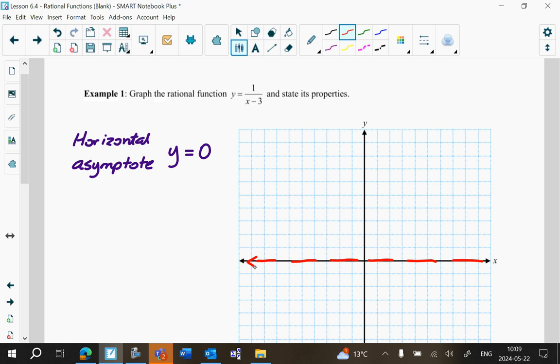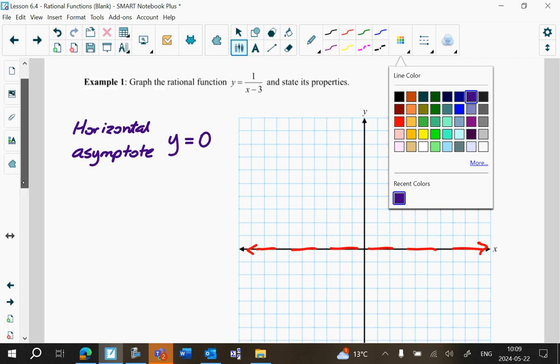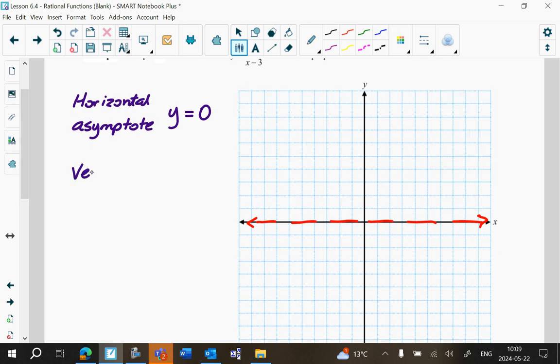The vertical asymptote. Remember what I said? What value of x makes the bottom 0? 3. So therefore, the vertical asymptote is x equals 3.